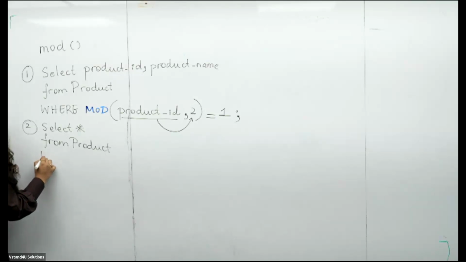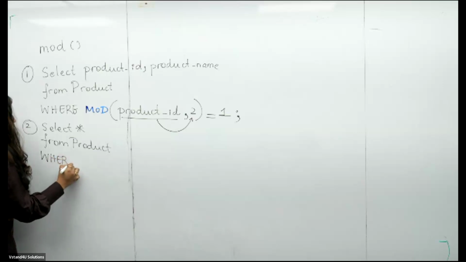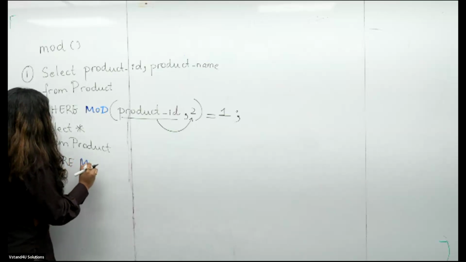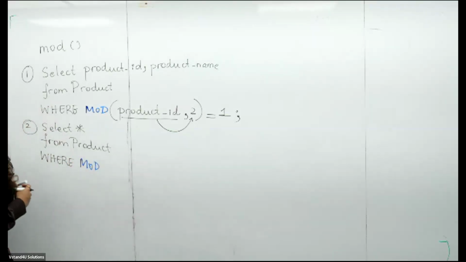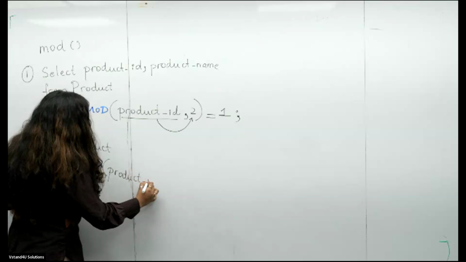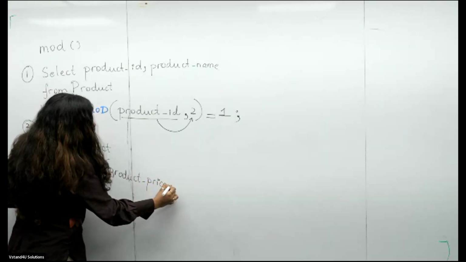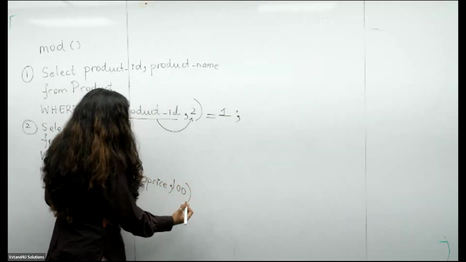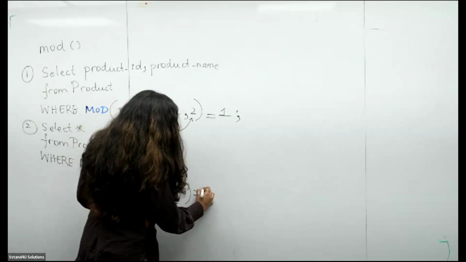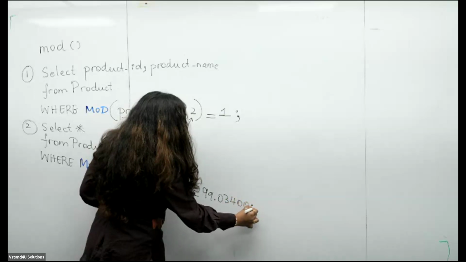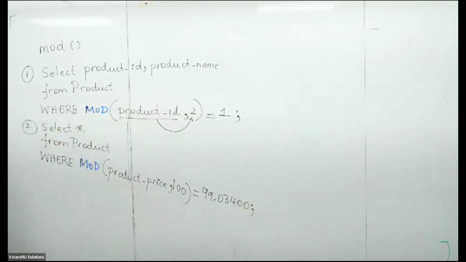Now I will say where mod, that product price divided by which number? When the product price is divided by 100, I have to get the remainder value as 99.03400. Correct? Yes.